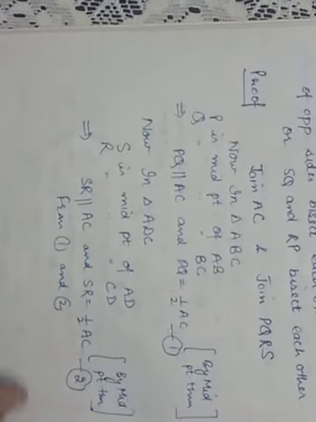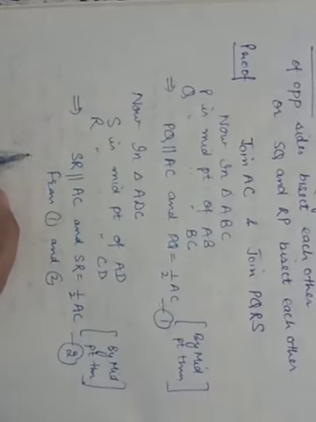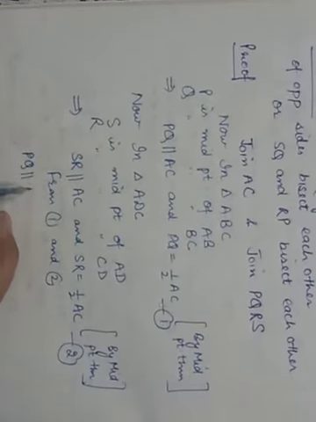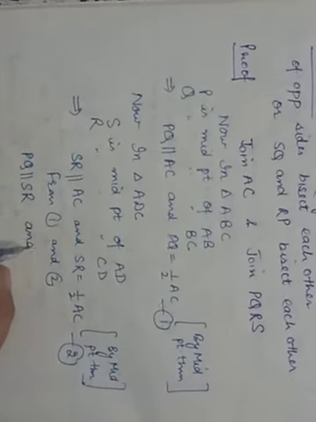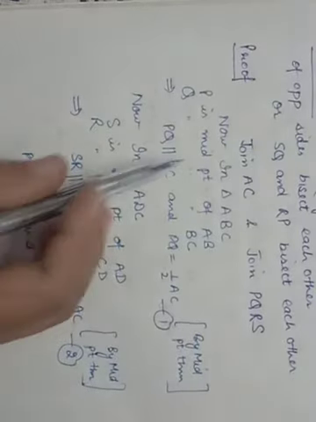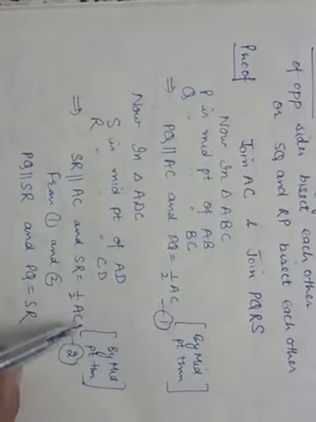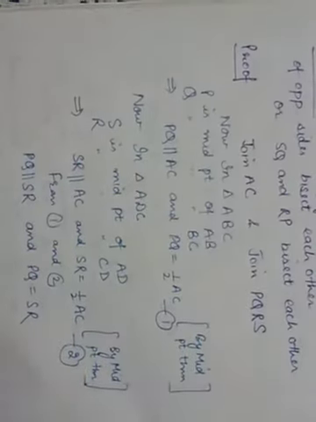From equations 1 and 2, the conclusion is that PQ and SR are parallel to each other and equal to each other. Why? Because they are parallel to the same line, so they are parallel to each other, and they are equal to the same line's half, so they are equal to each other.